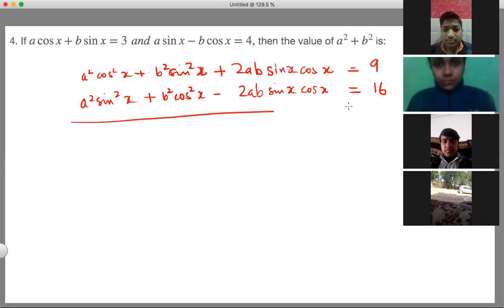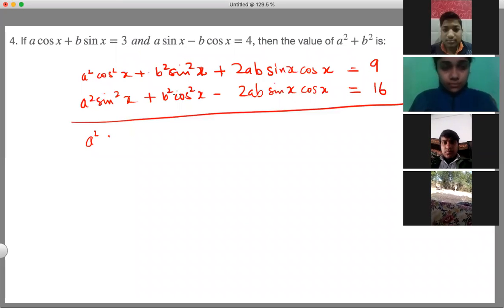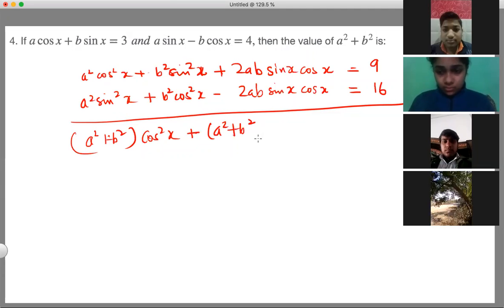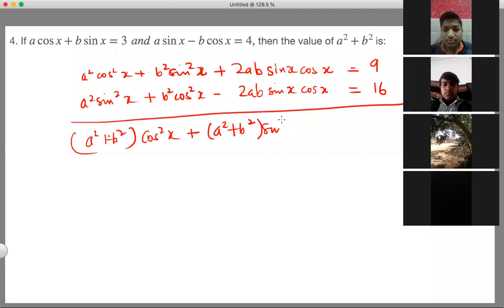We add the two up, right? So we will get A square, and we can see we will get this plus this, right? A square plus B square cos square x plus in the bracket again A square plus B square sin square x is equal to 25.